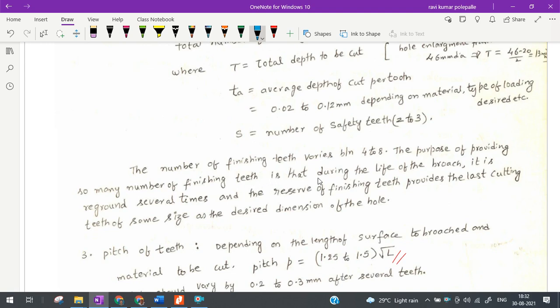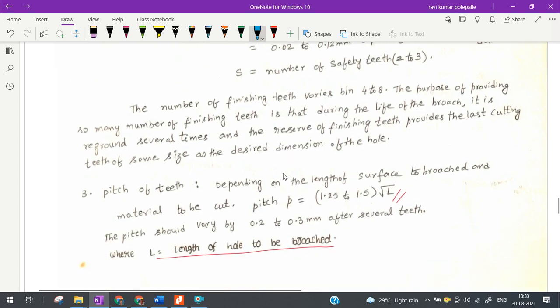When we regrind it, the finishing teeth dimensions also can change. So better we reduce the dimension of finishing teeth by small amount. I mean, we will reduce the size of the finishing teeth towards the roughing end, and then gradually increase towards the finishing teeth. That will provide more life for the cutting tool.